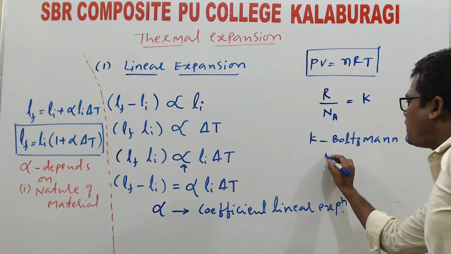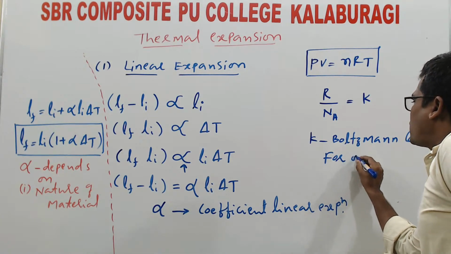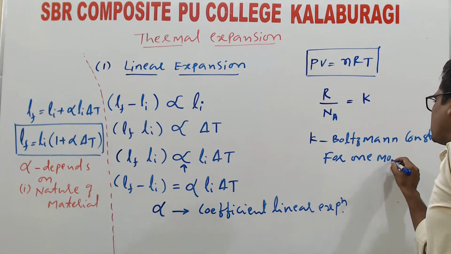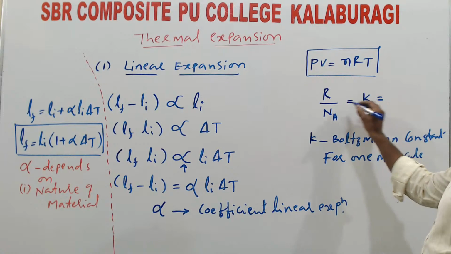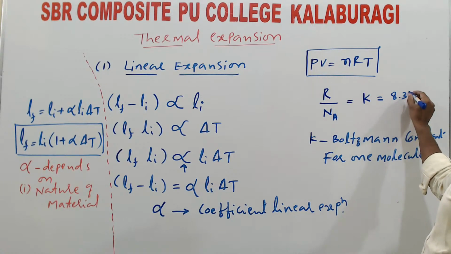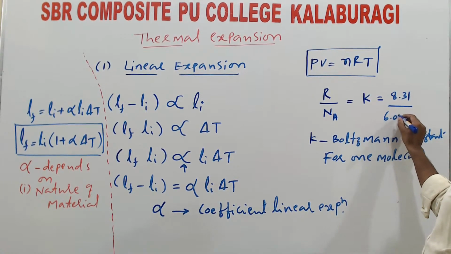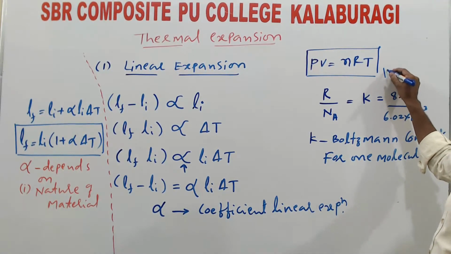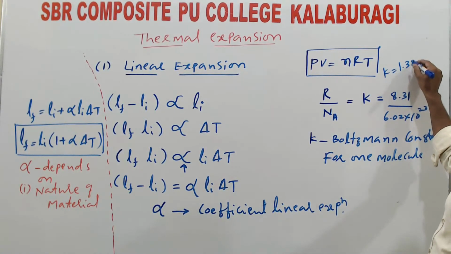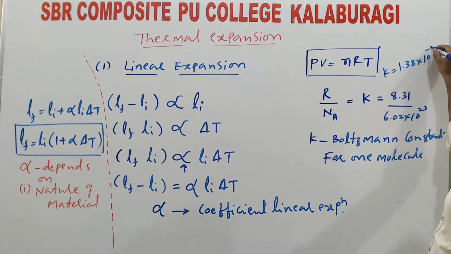This is the gas constant for 1 molecule. You can even get its value if you write 8.31 divided by 6.02 into 10 to the power 23. If you divide it, you will get the K value as 1.38 into 10 to the power minus 23. This is the value of K.